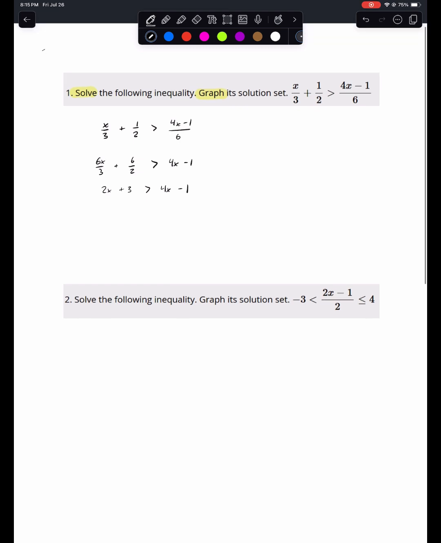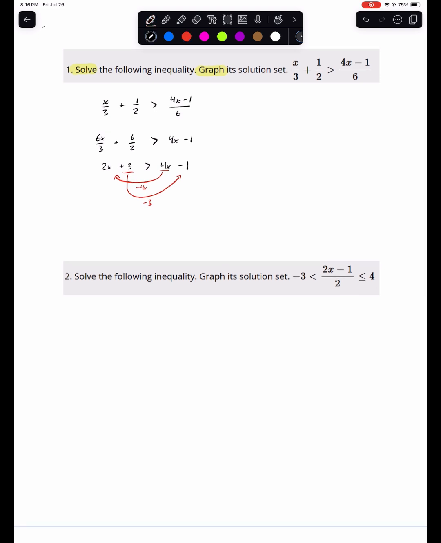Now I can move the x's to this side by subtracting 4x, and I can move this 3 to the other side by subtracting 3. So 2x minus 4x greater than negative 1 minus 3.